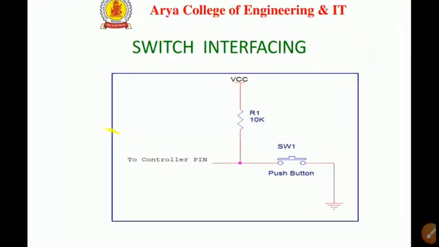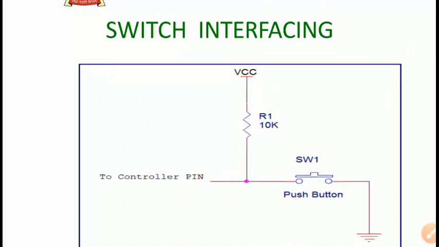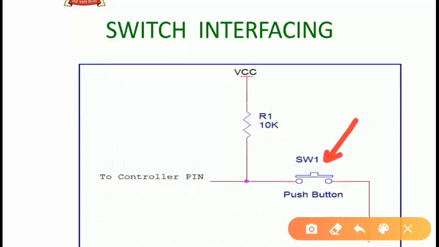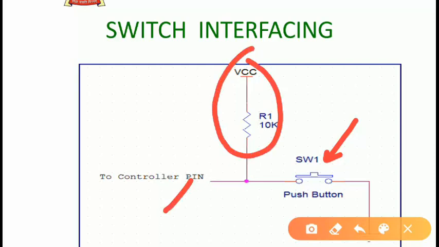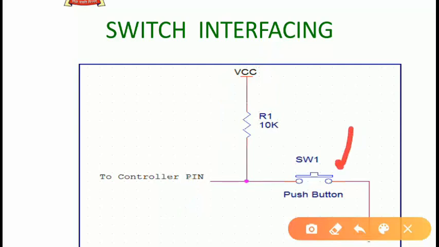Now we have switch interfacing. Very simple. A push button is connected to a microcontroller. Push button means when we push it, the circuit will complete. So this is the push button, and it is connected to the controller pin. It may be any pin on the microcontroller, and the VCC is also connected to this connection, and if we push the button, then this flow will occur.